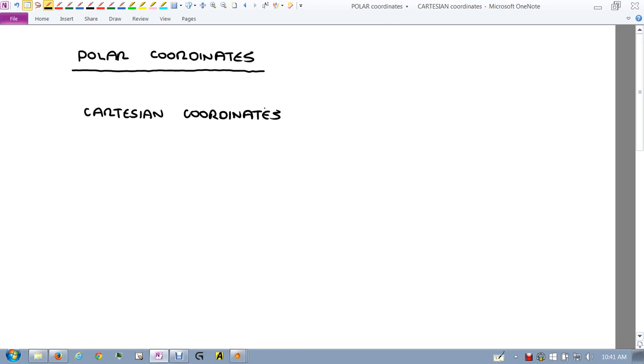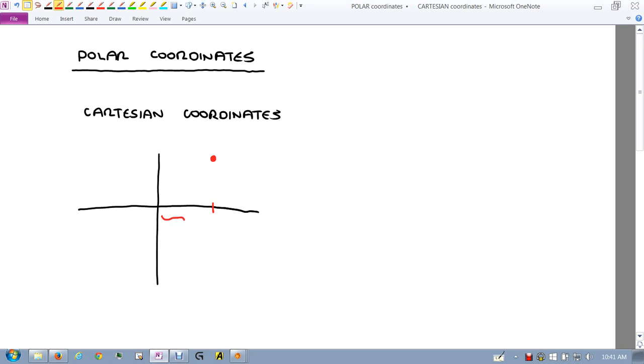The Cartesian coordinates are based upon the fact that we have a 2-dimensional plane, right, 2D, and that to get to a point in the 2-dimensional plane, we just have to supply you with 2 pieces of information.